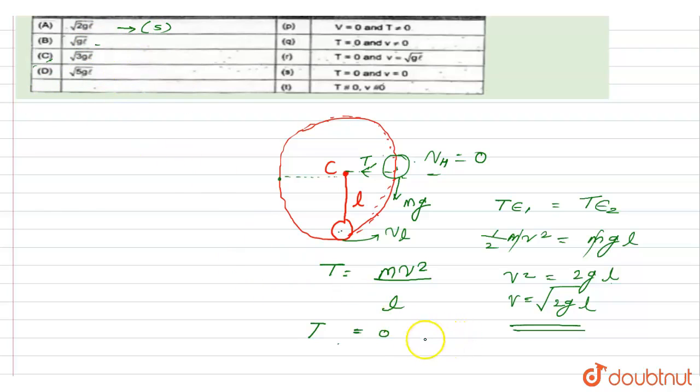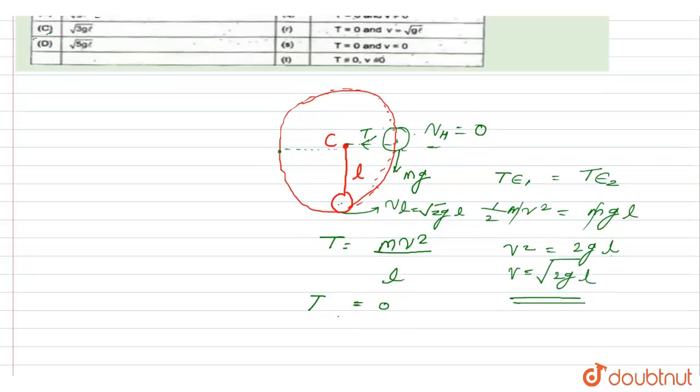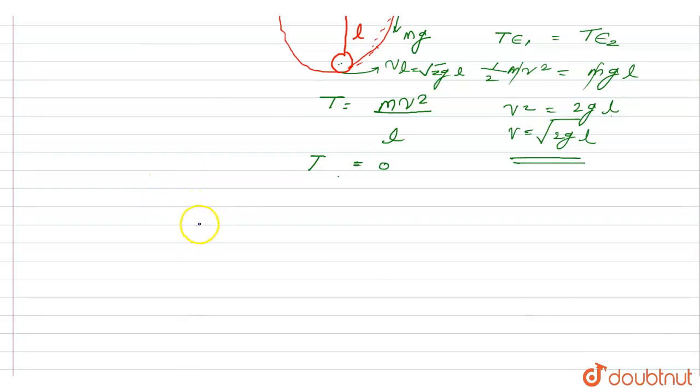Another one is under root gl. Suppose we take the lowest velocity under root gl. Here the bob's lowest velocity VL is equal to under root gl, and maybe it goes to this position. We assume it moves like that up to this position.